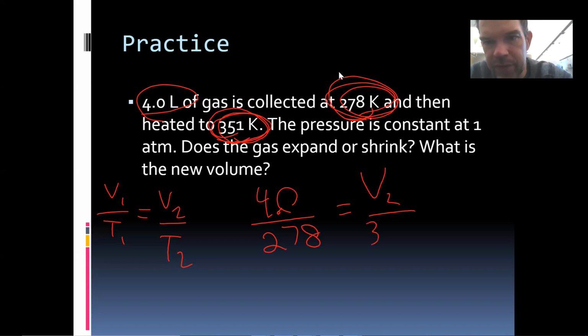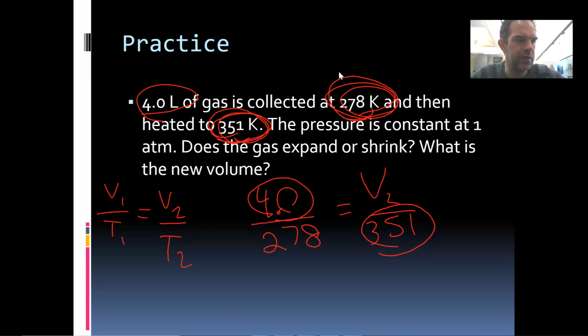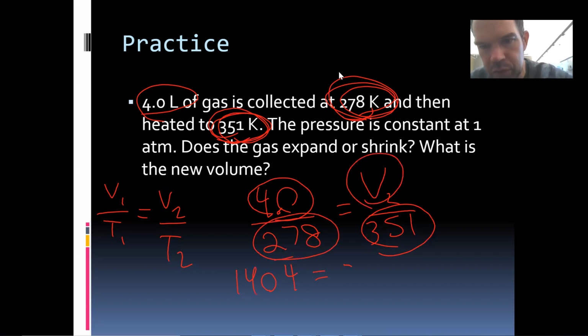which is 351. Now we're going to cross multiply, which means you take the top number on one side and multiply it times the number on the other. In this case, I'll enter in my calculator 4 times 351, and I end up with 1,404 equals, and then this times this, you cross that, so you end up with 278 V2.